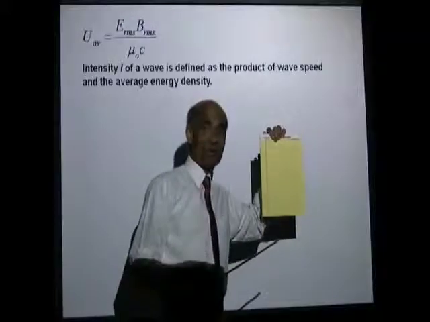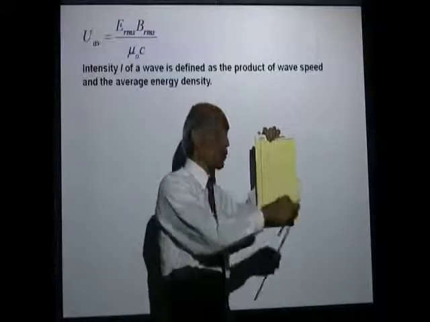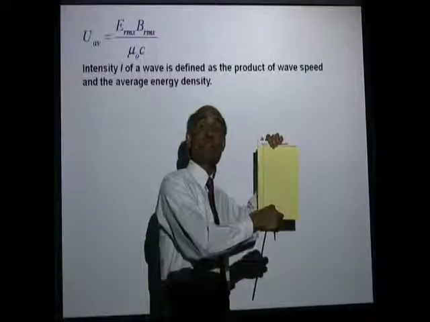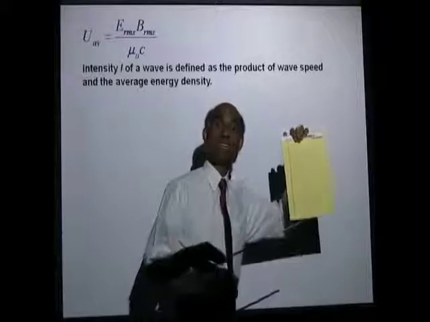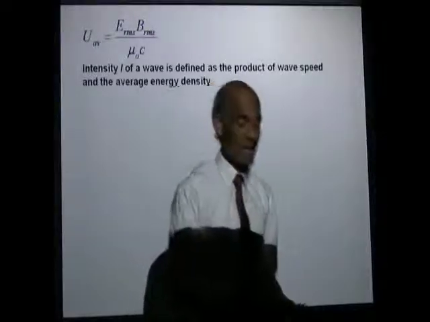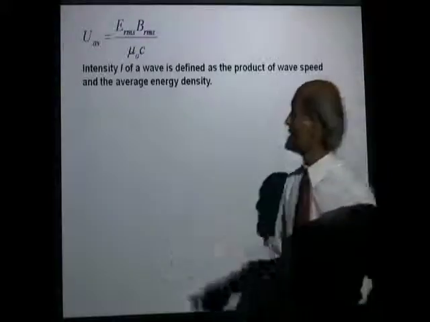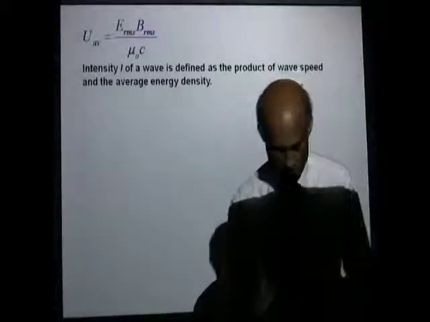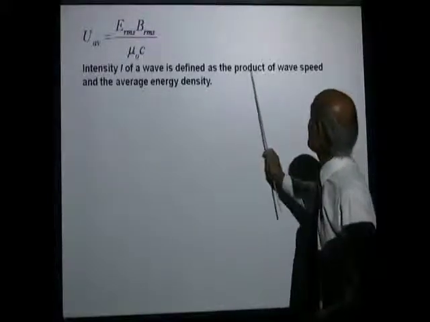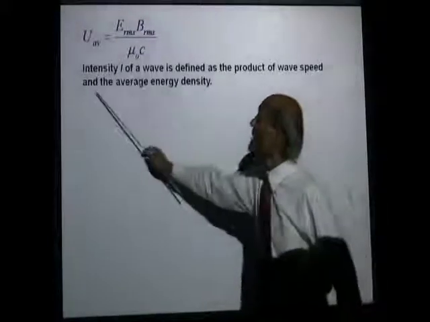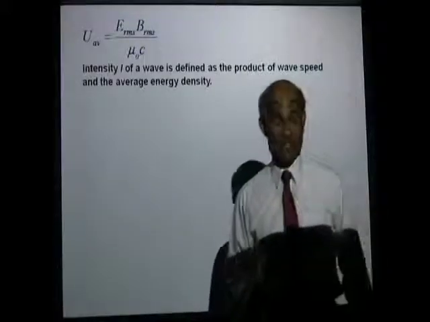Now if I move this unit area away, the amount of power crossing that unit area will be less. That means as you move away from the source, the intensity will become less and less. Alright, so the intensity I of a wave is defined as the product of wave speed and the average energy density.